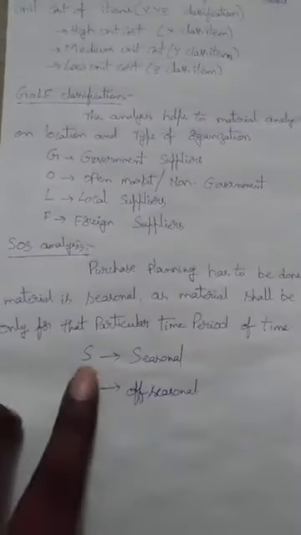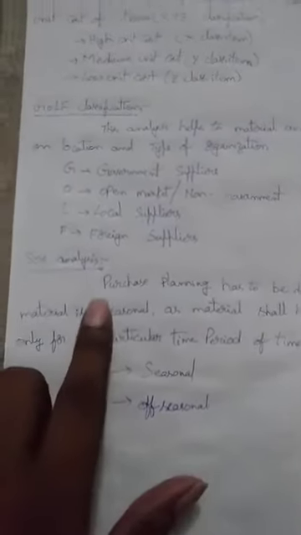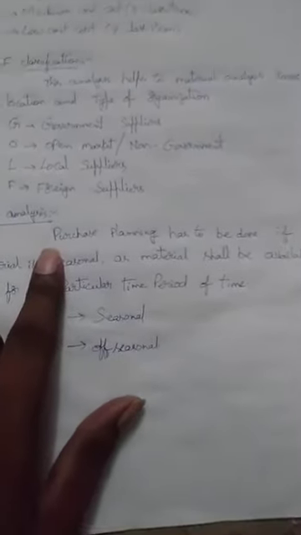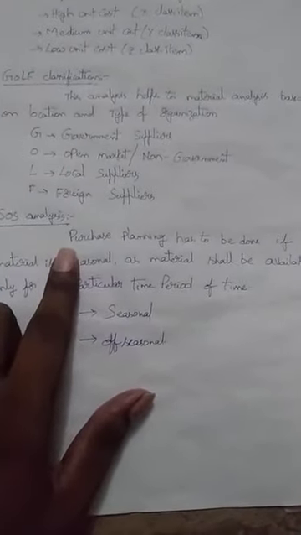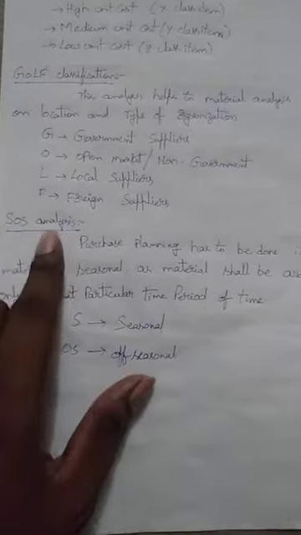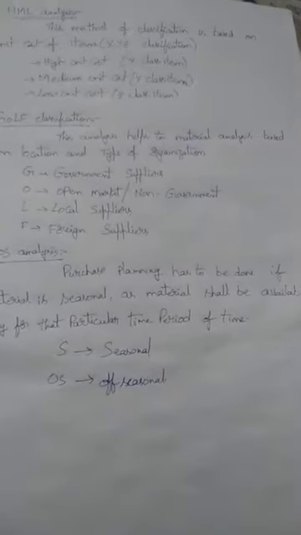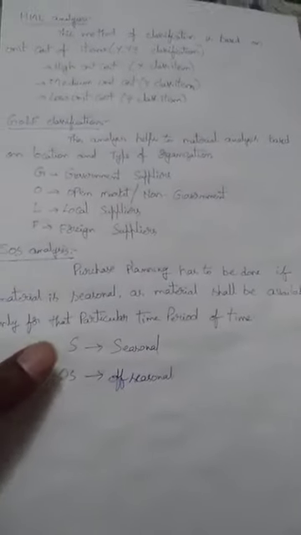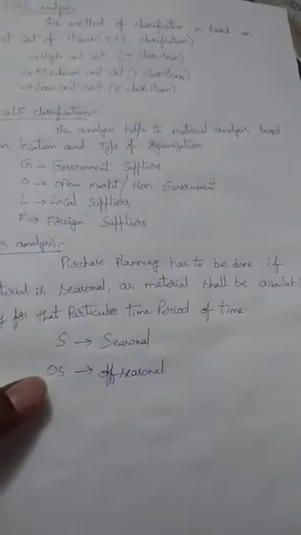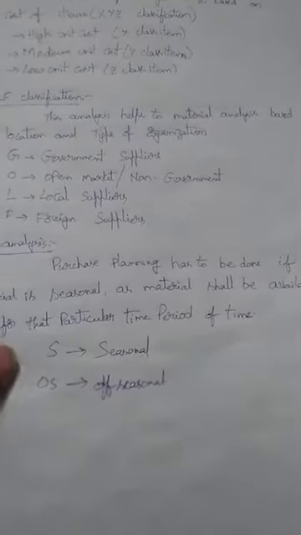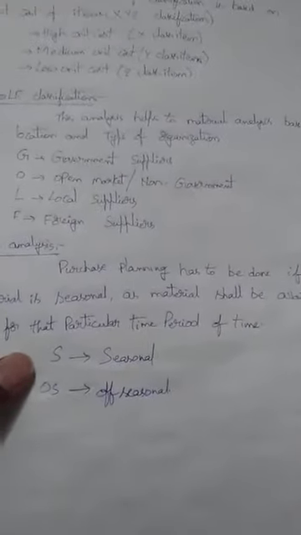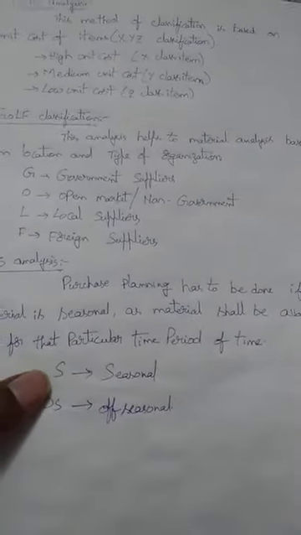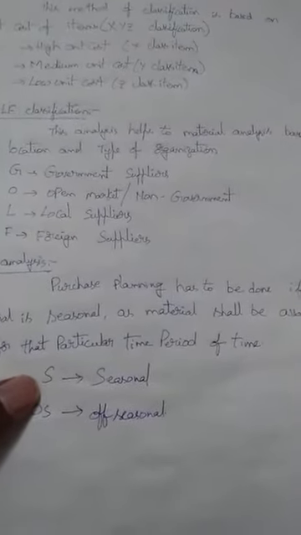S is seasonal, OS is off-seasonal. Fruit and vegetable oriented products, all categories of food sectors, apply SOS analysis, because some fruits or vegetables used in different food-oriented processes are seasonal, and some products may be off-season. For example, mangoes, strawberries and others are seasonal. Apples, in the present situation, are available for 365 days, but not with maximum availability.